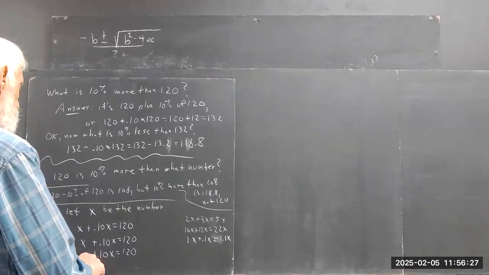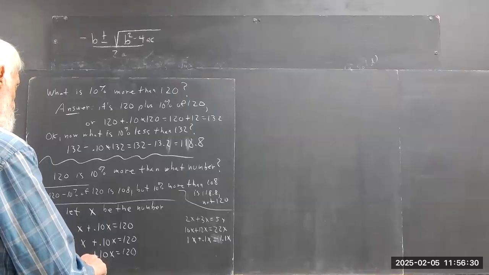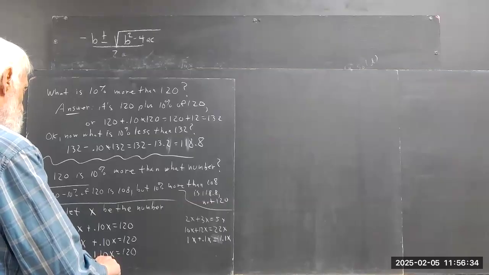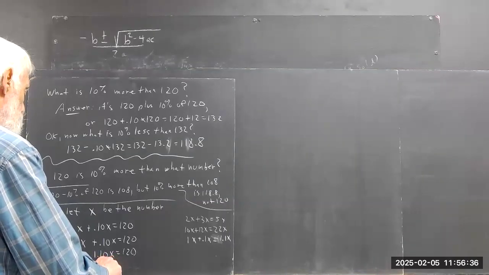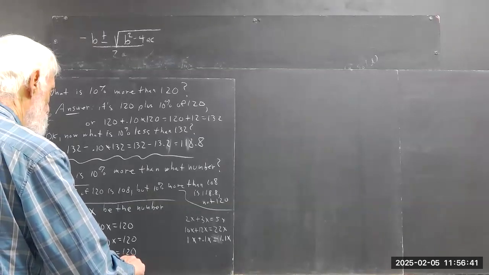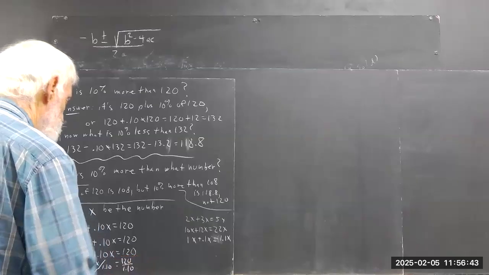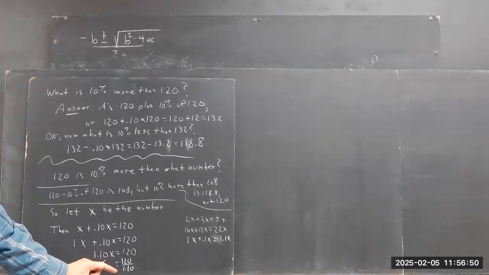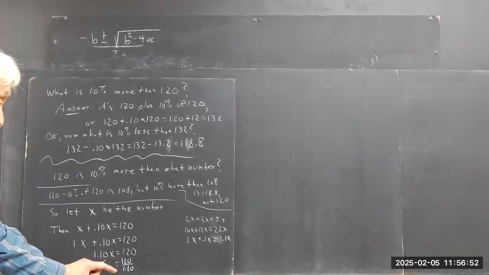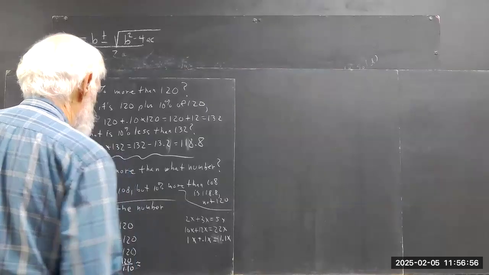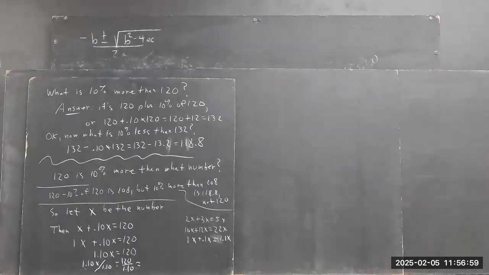And now we can divide both sides by 1.10. So we have 1.10x divided by 1.10 equals 120 divided by 1.10. And then you have to figure out approximately what that is.